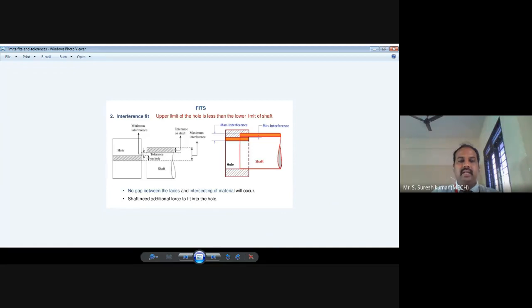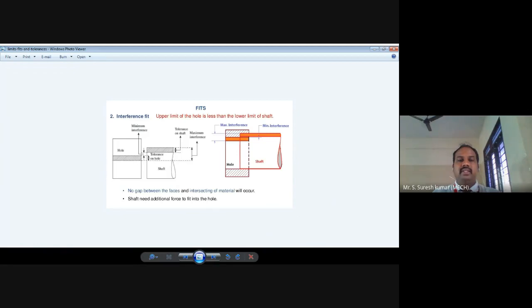First one is clearance fit. A clearance fit is one having limits of size so prescribed that a clearance always results when mating parts are assembled.